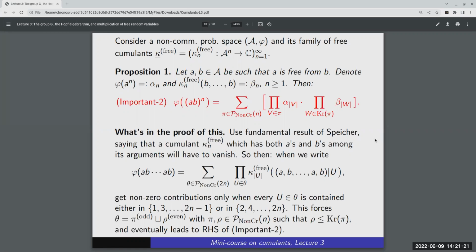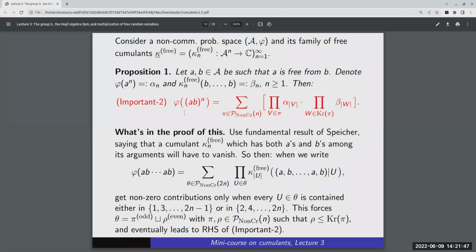But what we take from it here is that any free cumulant where you put entries which contain both some A's and some B's will have to be 0. It's a mixed free cumulant, and mixed free cumulants are 0. And there is a converse to that, but I'm not elaborating on that line.